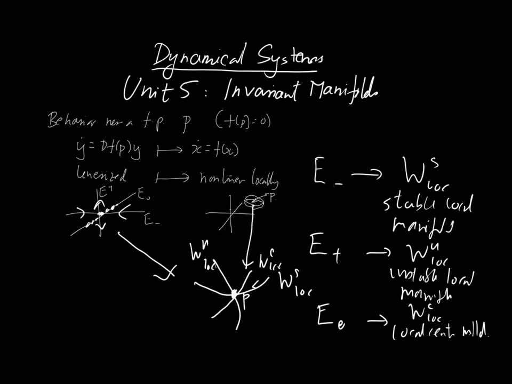On WS loc, the dynamics are converging towards P. On WU loc, they're converging towards P in backward time, and WC loc is the stuff that isn't decaying exponentially. But remember that this picture is only local, in this neighborhood of P, in this ball based at P.